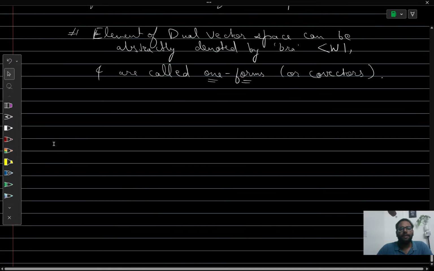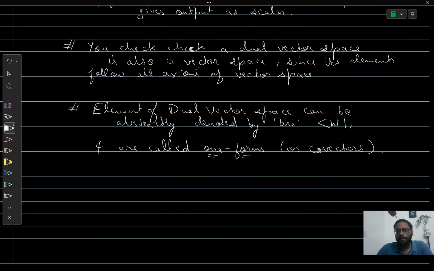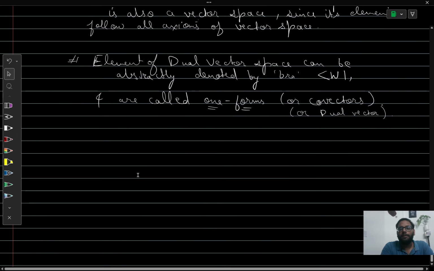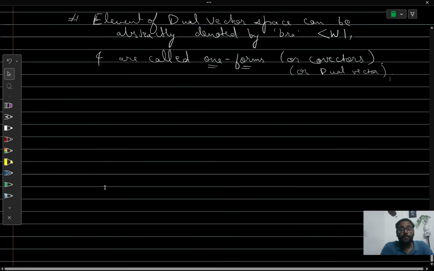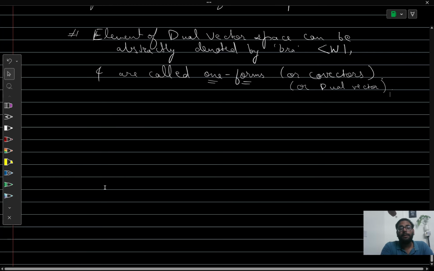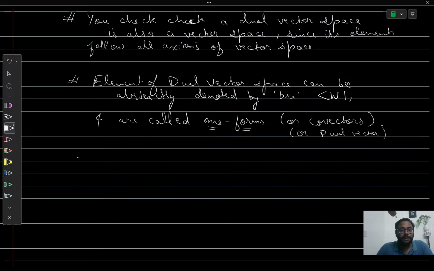And there are different names actually for dual vectors. You can call them simply as dual vectors also. There are many names, like these are also called covariant vectors, but that is by the transformation properties, we will see that.